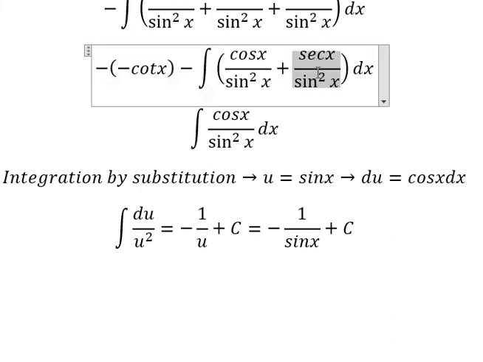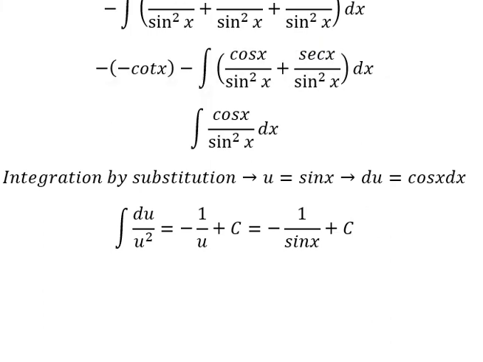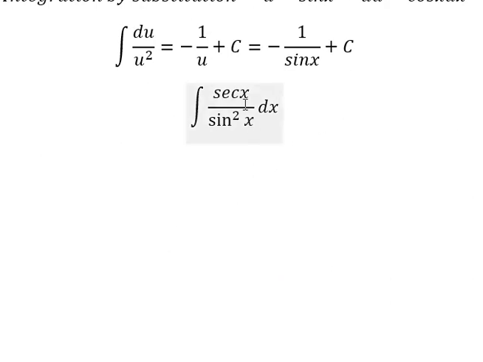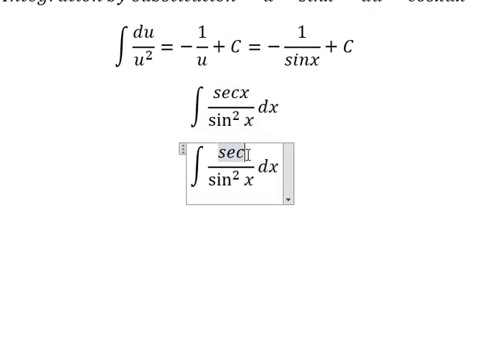Now we go to the next one. We know that secant of s, that's about 1 over cosine s.